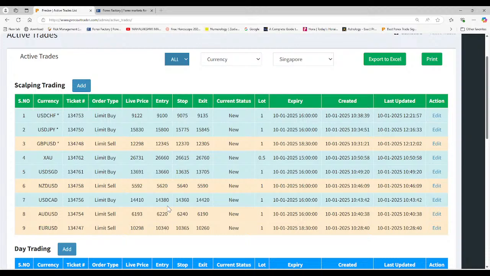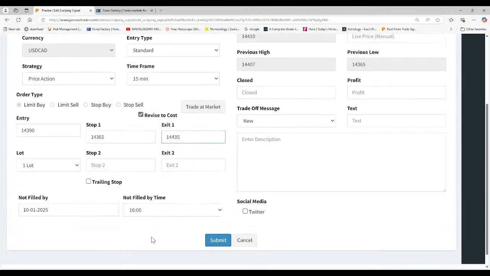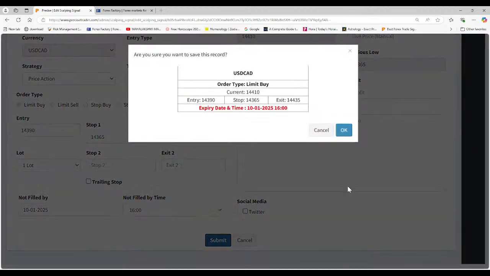So what we can do is revise it to 143.90 and 144.35. That's about 45 pips, so only 20 pips from the market. I think we are giving about 3.5 hours. Okay, I think this is okay.